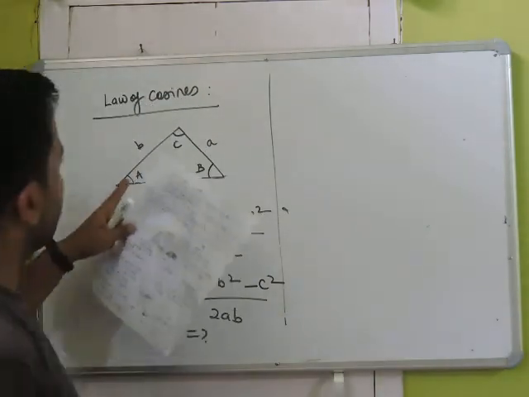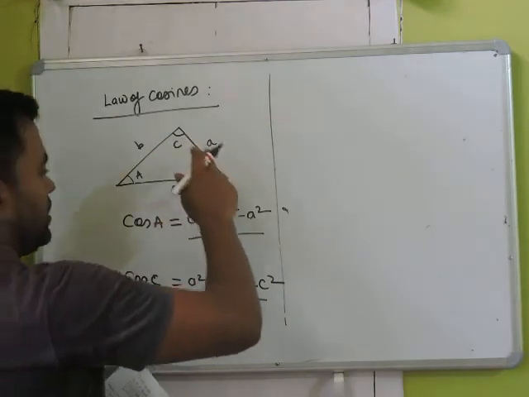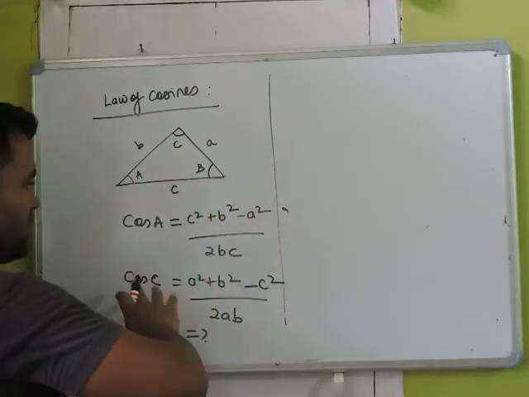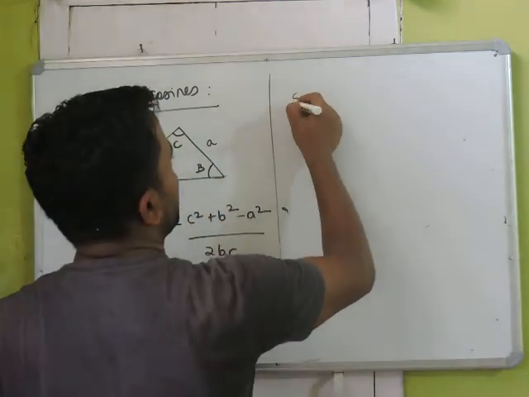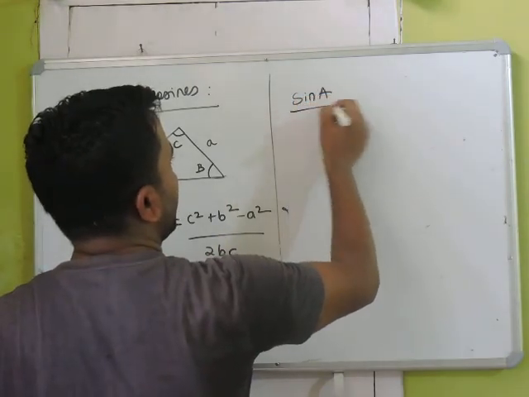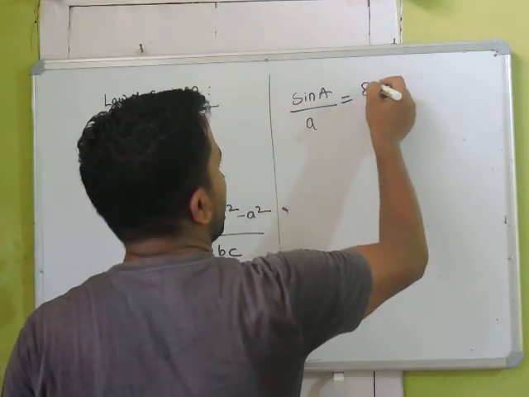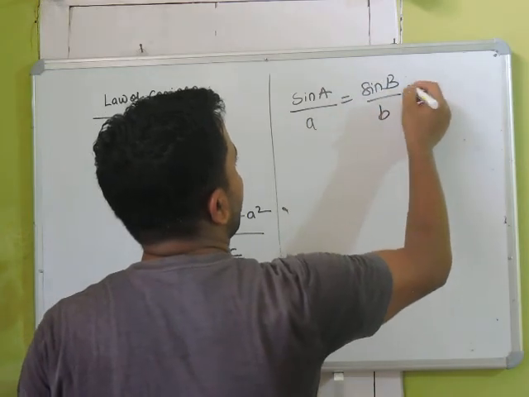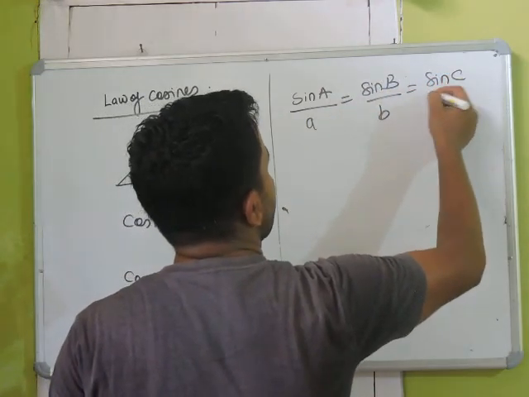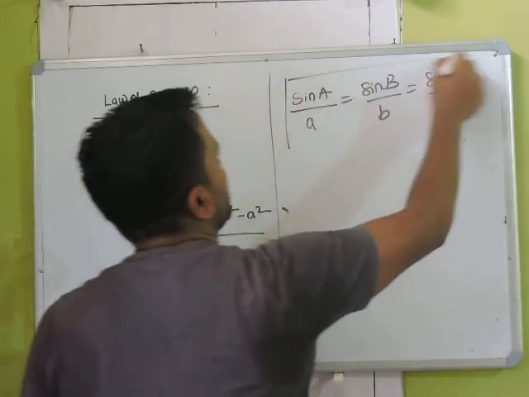In this triangle, this is called the law of cosines. There is also one rule which says sine A by a is equal to sine B by b and equal to sine C by c.